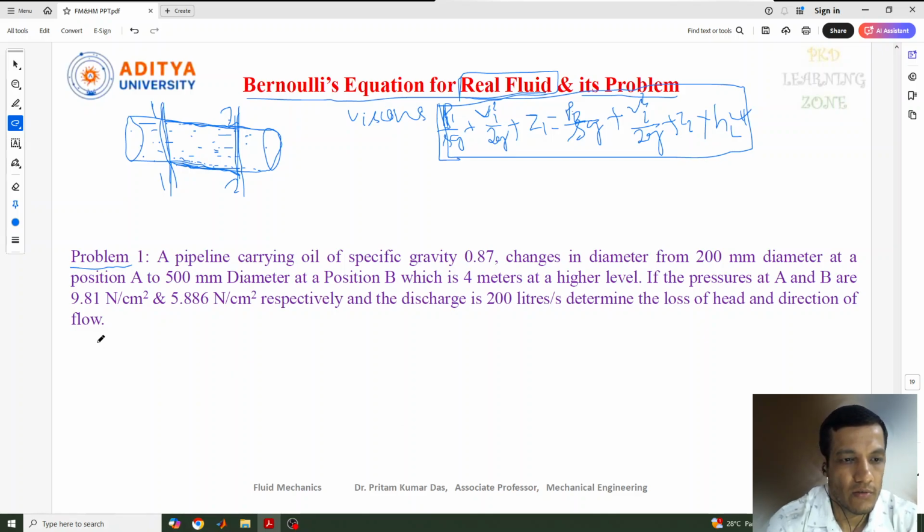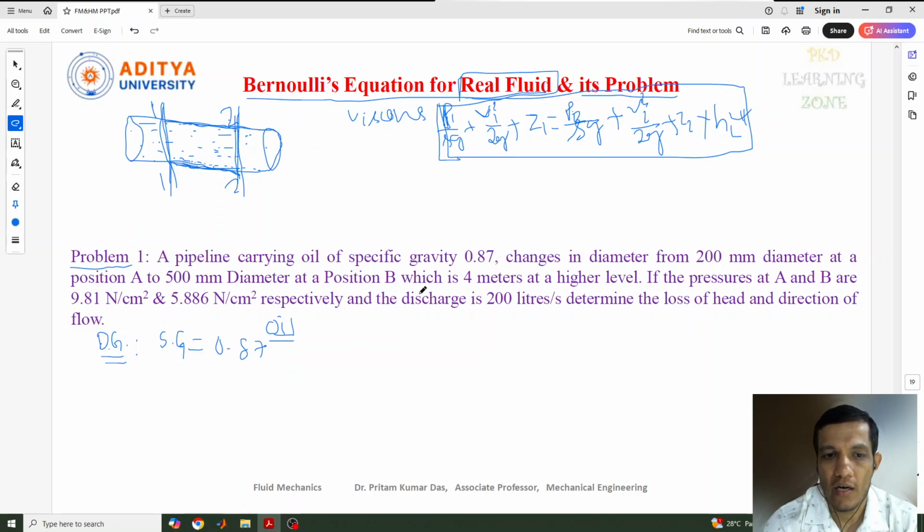Here the data given: the specific gravity equals 0.87. The fluid taken is oil, and it changes its diameter from 200 millimeter diameter at a position A to 500 millimeter diameter at a position B.